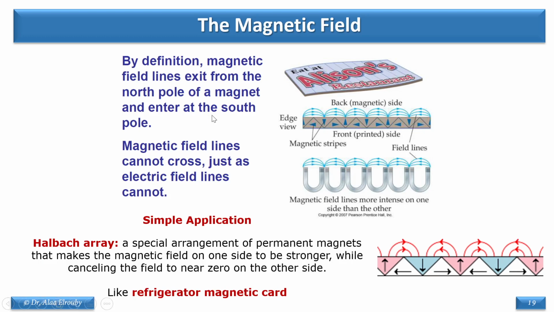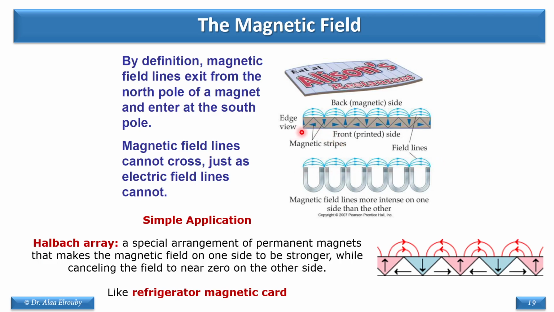So if we have those kind of U-shaped magnets, so we have north, south, when we arrange them like this, the field will be confined in one direction.